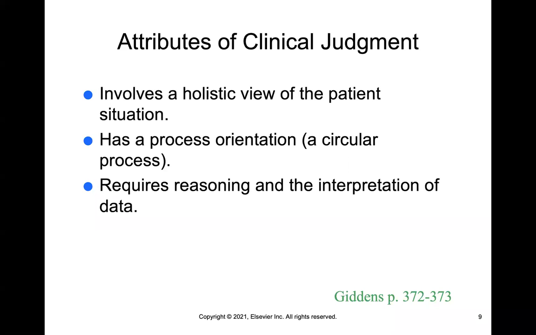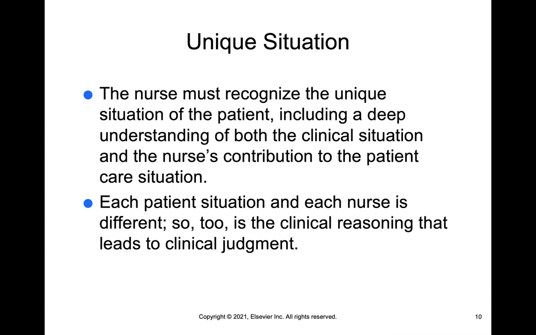It has a process orientation. With clinical judgment, it's not just a linear process where you plan, act, do, and move on. You're always reevaluating, making new plans as the situations change. And it requires reasoning, which is a thinking process, and then an interpretation of the data, recognizing that every patient situation is unique.